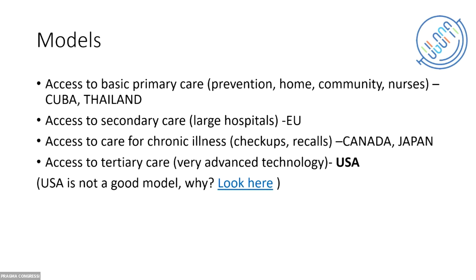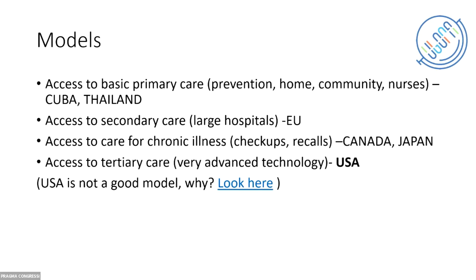He rarely gets his eyes checked because we just don't have that kind of infrastructure in Italy at the moment for reaching out into the heart of the community where we have a lot of old people. So it's a completely different model from what they have in Cuba and Thailand.